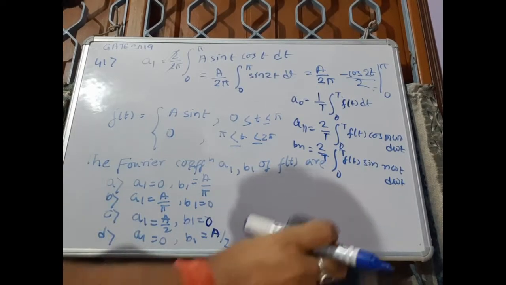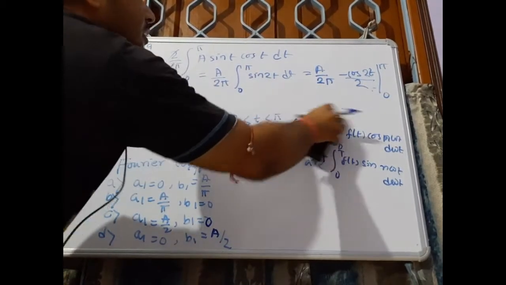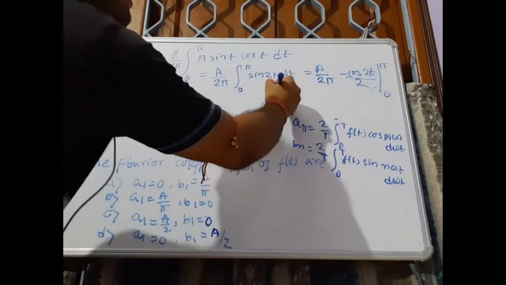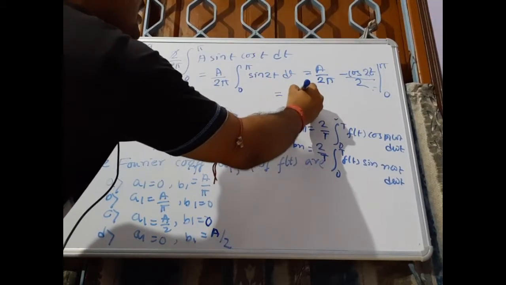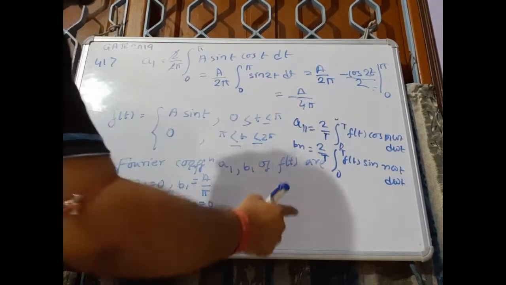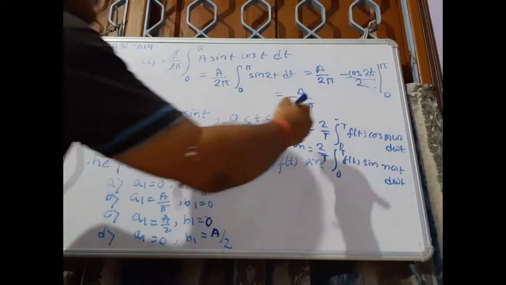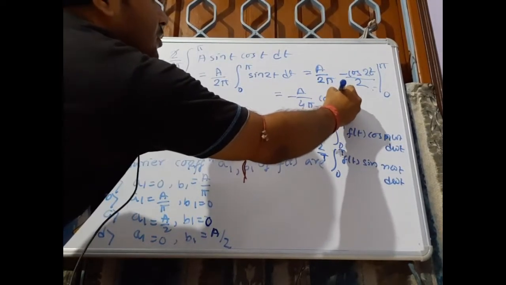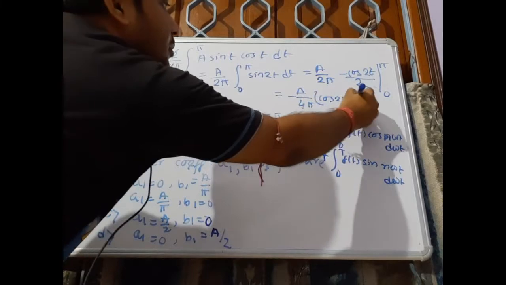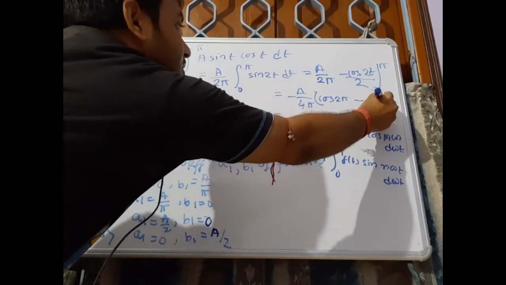Now this will be minus a by 4 pi into cos of twice pi minus cos 0.